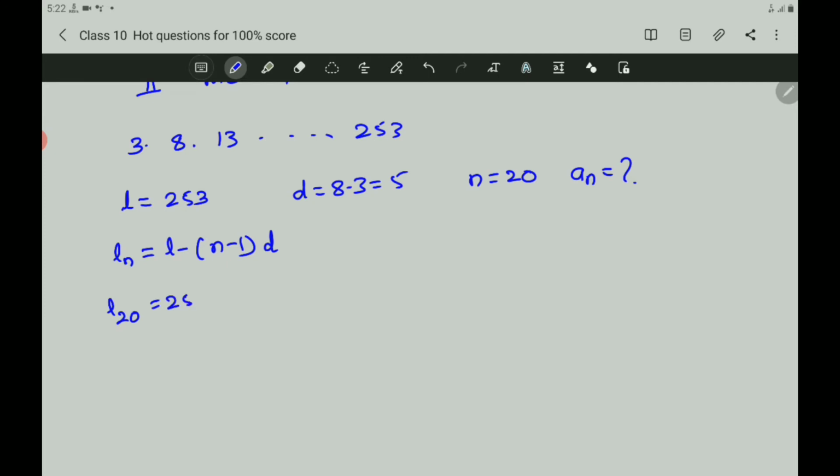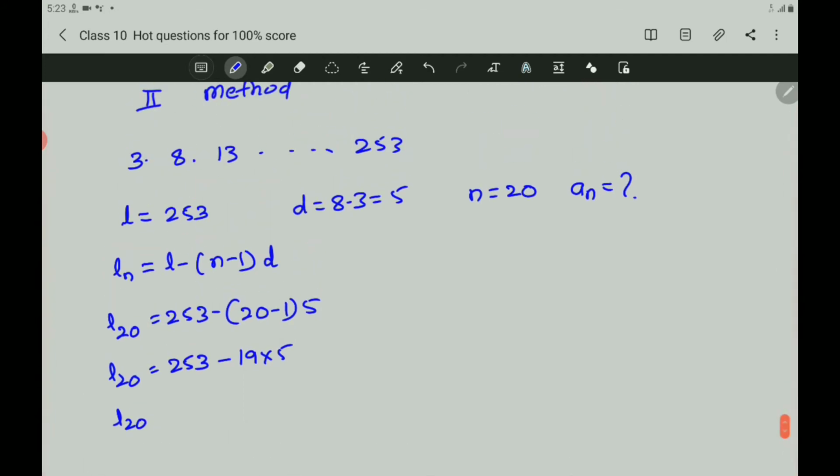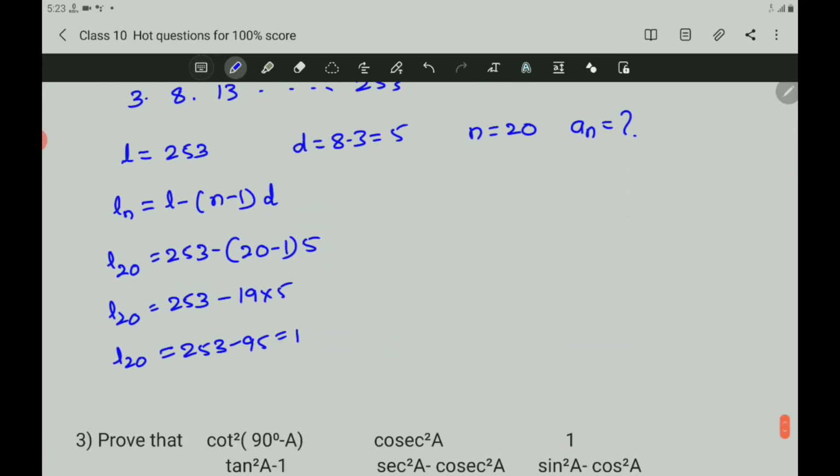L is 253 minus (n is 20 minus 1) into d is 5. Then L_20 equals 253 minus 19 into 5, that is 253 minus 95, same value you will get, that is 158.